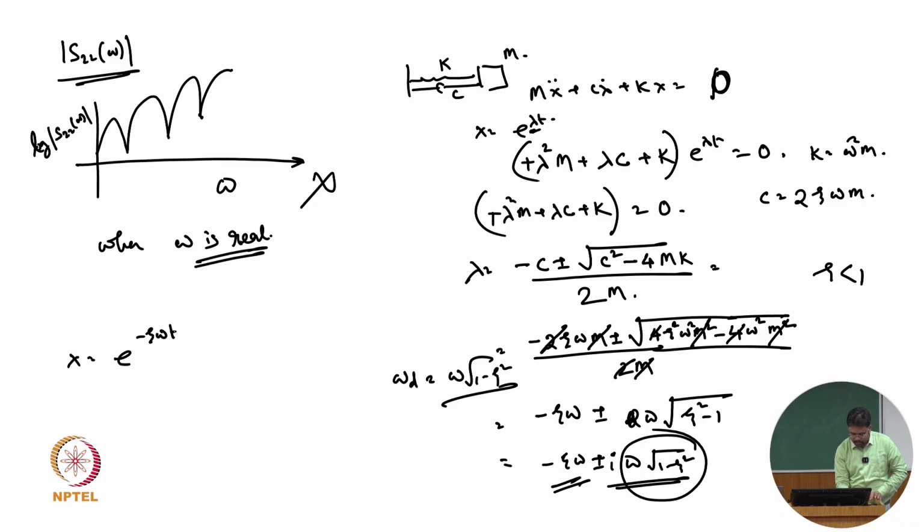So e to the power of minus xi omega t into e to the power of i omega t came like that. Now you see, this term does what? Decay.